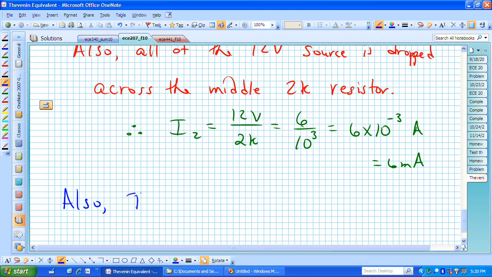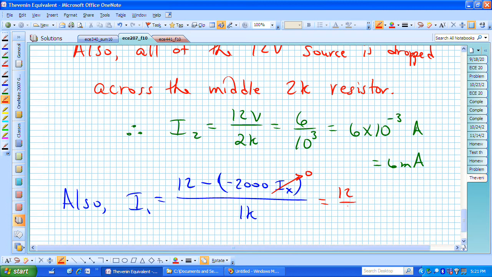Or if you can't see that, you could say, well, I1 is just our 12 volts minus that dependent source voltage, which is minus 2000 I sub x, all over 1K. But now we know in this analysis that I sub x is equal to 0. We now have 12 divided by 1K, or 12 milliamps.